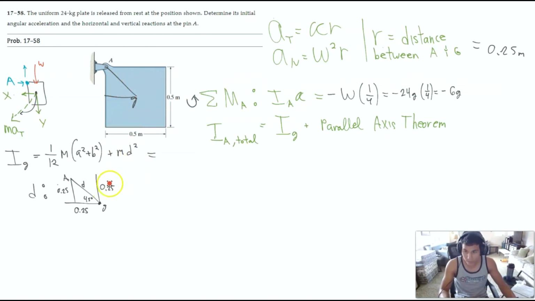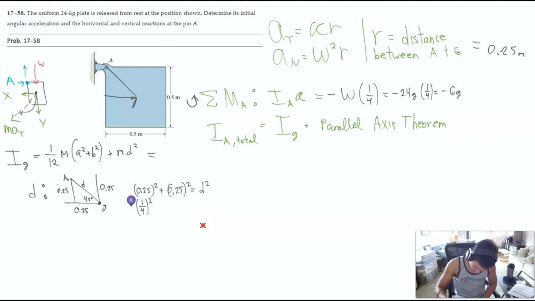So if we use Pythagorean's theorem, we get 0.25 squared plus 0.25 squared, and that is equal to D squared. Let me just write this out. This is 1/4 squared times 2, and that's 2 times 1/16, which is 1/8. So D squared is 1/8.